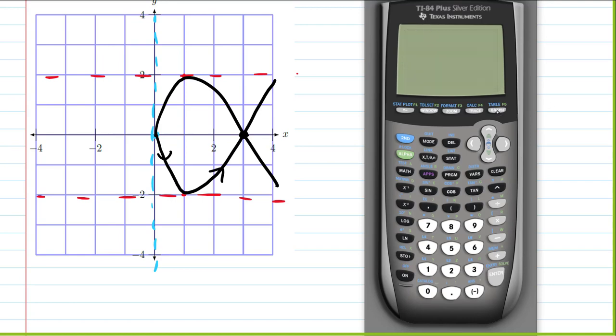If we do that, try that again. Y equals, we have t squared and t cubed minus 3t.